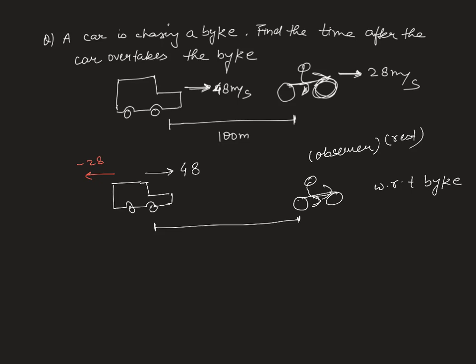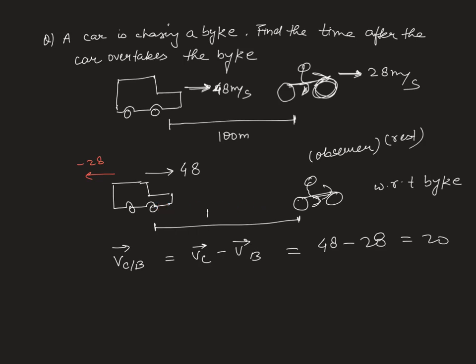Or we can simply do this using the formula. Velocity of car with respect to bike will be equal to velocity of car minus velocity of bike. So velocity of car is obviously 48 and velocity of bike is 28, so you are going to get 20. Now the entire distance that the car has to cover is 100 meters. Why? Because the bike is at rest.